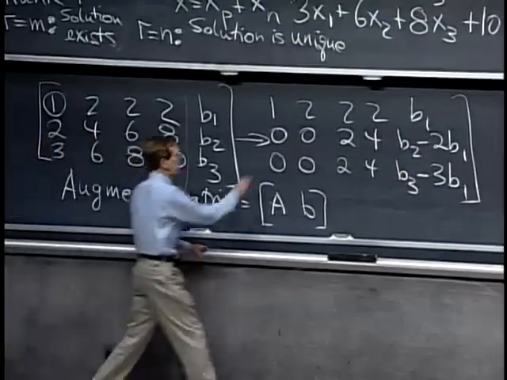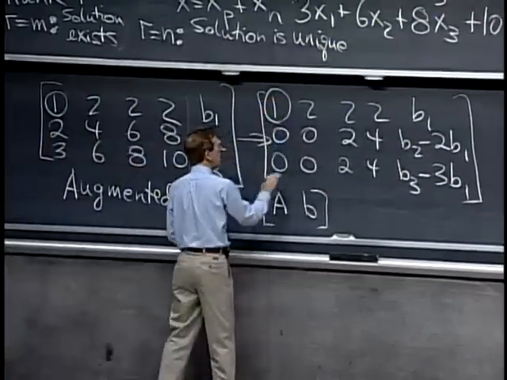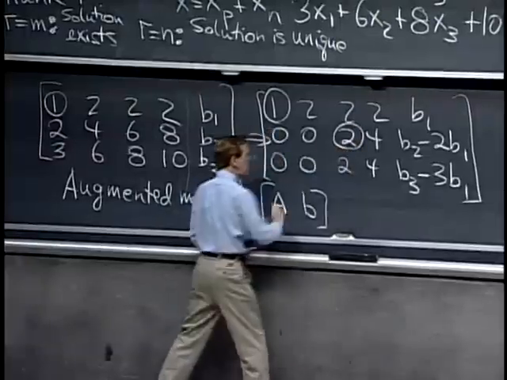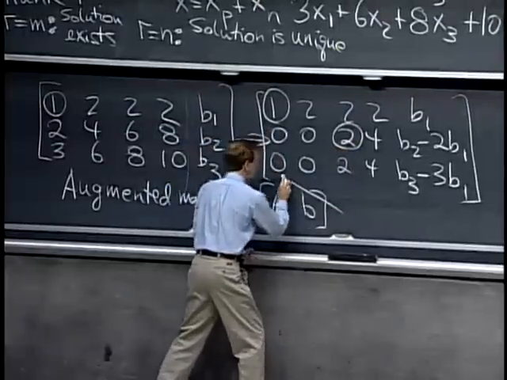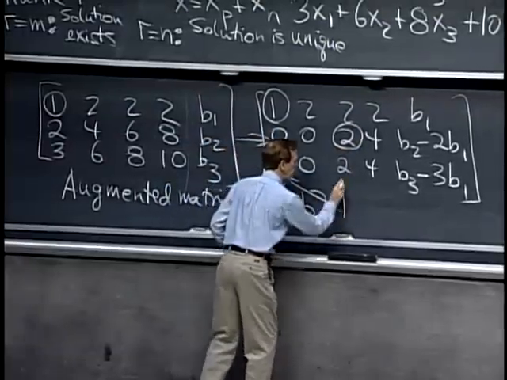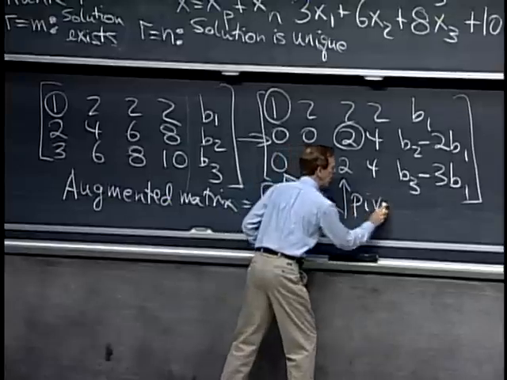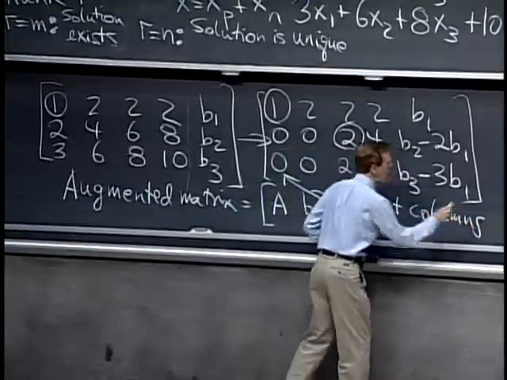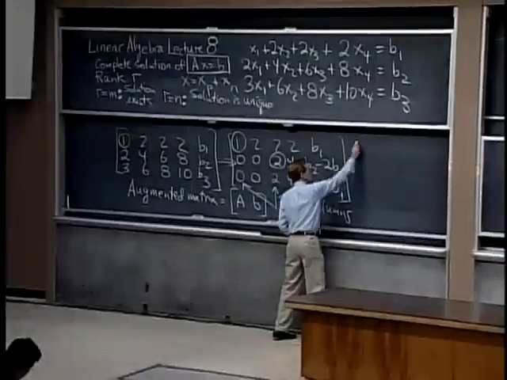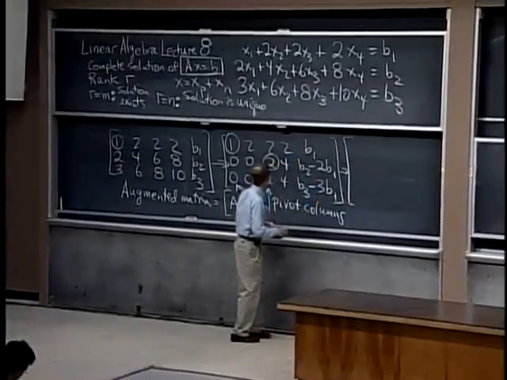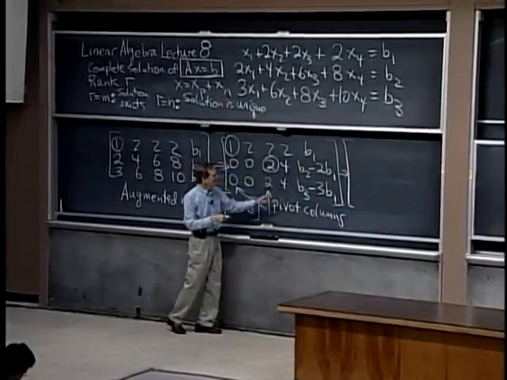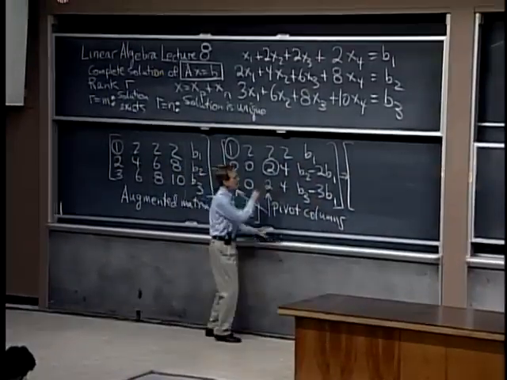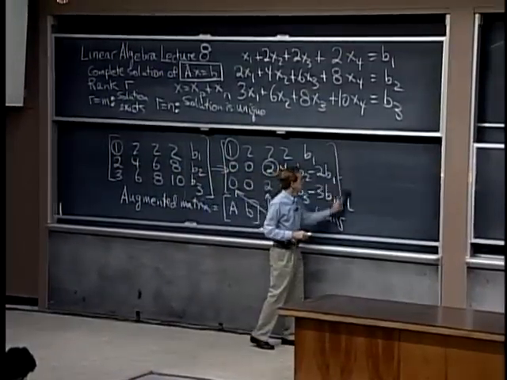We move on. There's the first pivot still. Here's the second pivot. We're always remembering, these are then going to be the pivot columns. And let me get the final result. Well, can I do it by erasure?